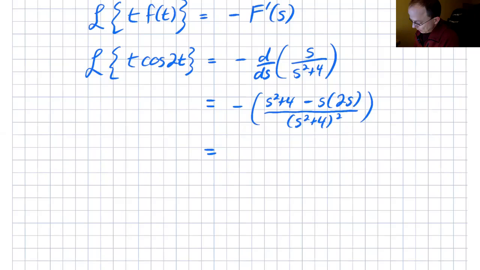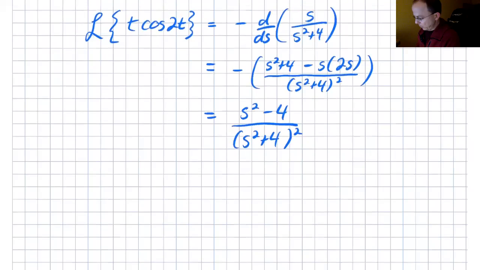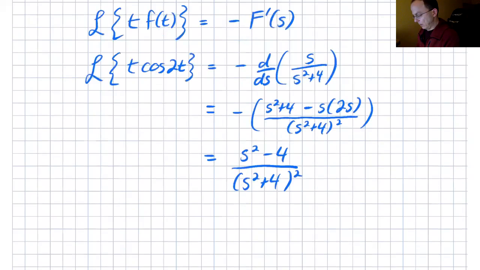So let's see, s squared, so it's going to be s squared minus 2s squared, but then minus... okay. So that's what we expect the answer to be.